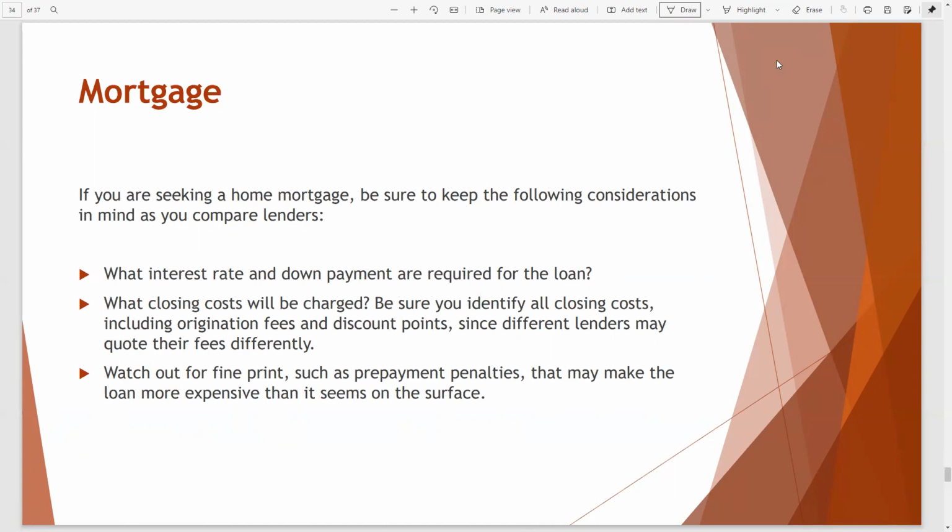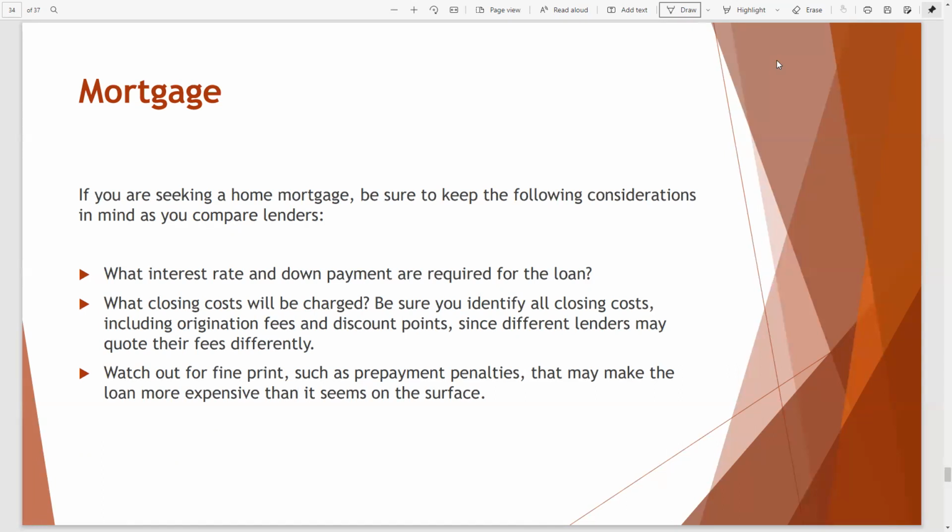Usually the lower interest rate, the better, right? Down payment, it's up to you, right? If you have money in your pocket, don't worry about that. If you don't, then you need to really see what the required amount of the down payment is.